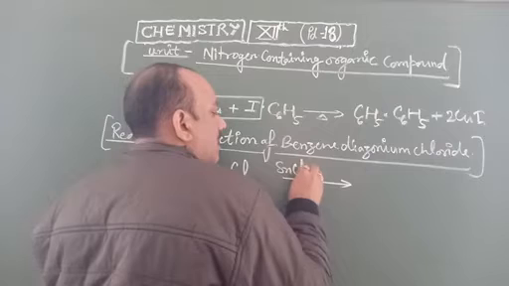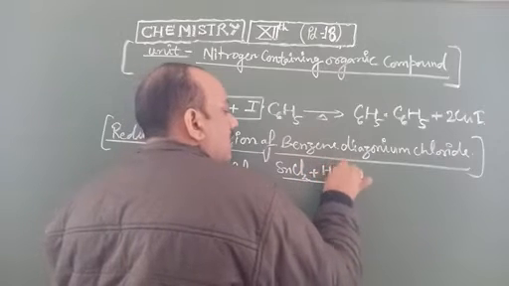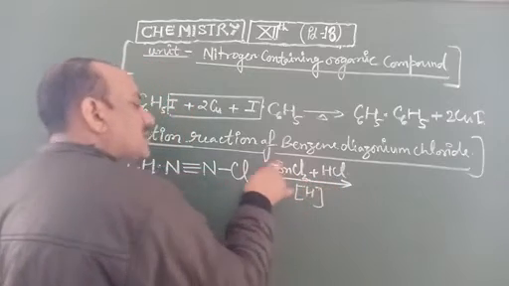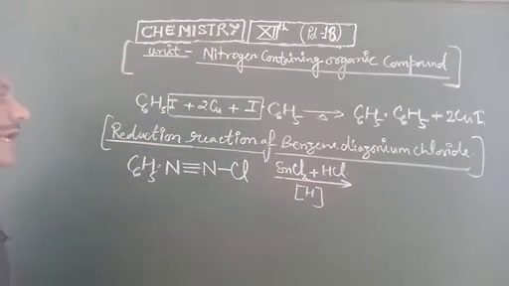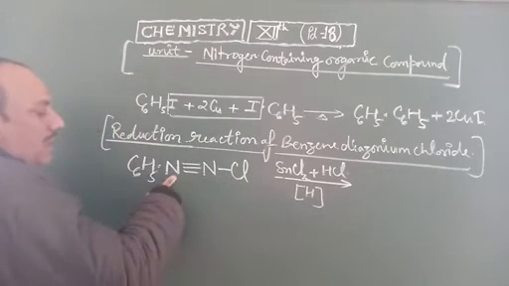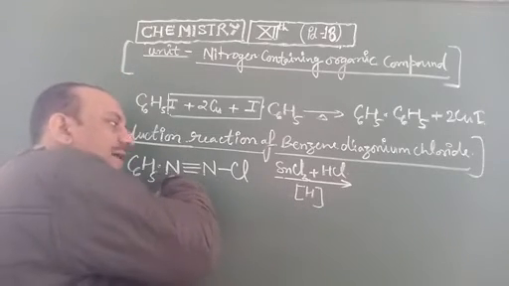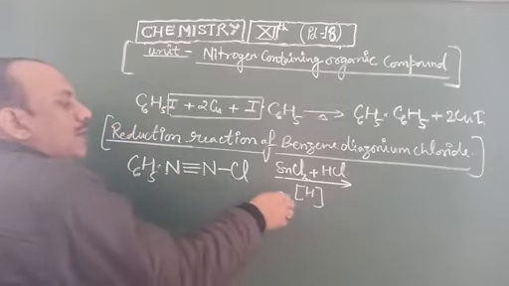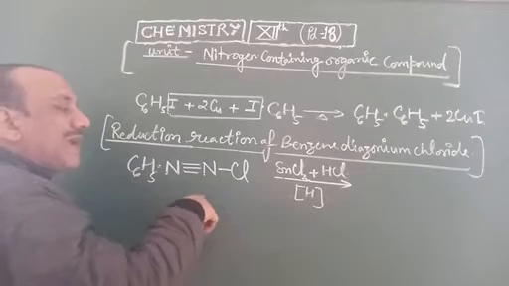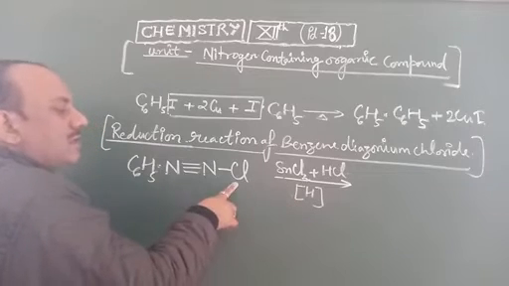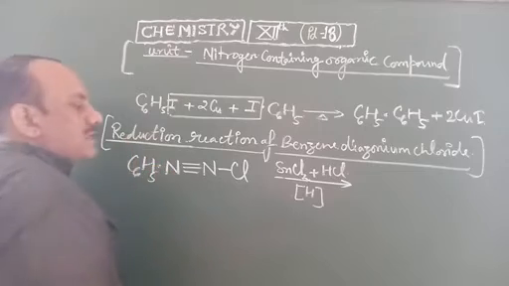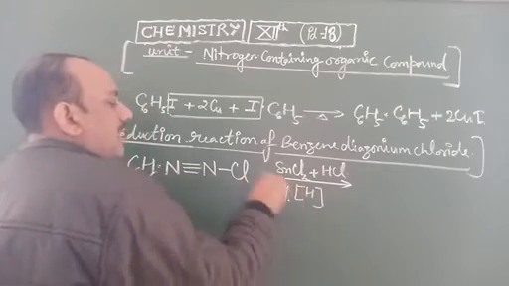This is nascent hydrogen, because it is produced by SnCl2 and HCl. A single hydrogen conjugates with nitrogen to form NH, and two hydrogen atoms are adopted by this nitrogen to form NH2, and one is taken by Cl. So a total of 4 hydrogen atoms are used in this reduction.